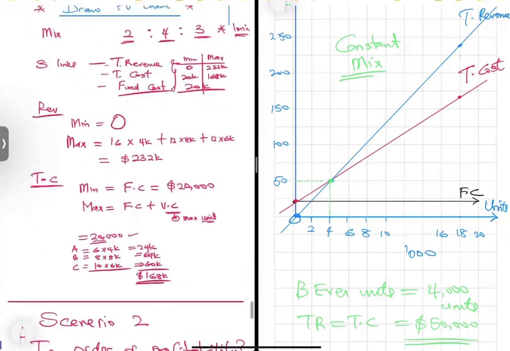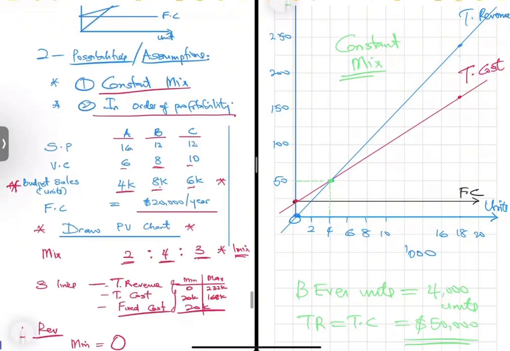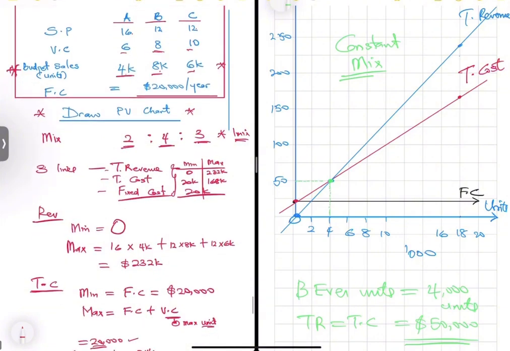So now we'll go back to our scenario, and now we need to rank it because it's no more in a constant mix, but in order of profitability. So we need to get that order quickly.